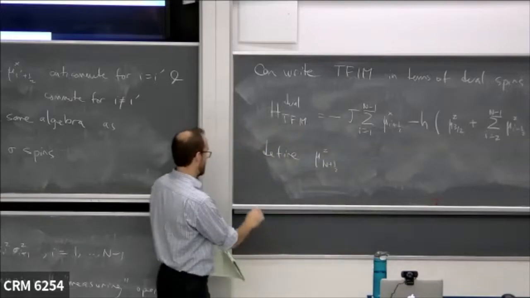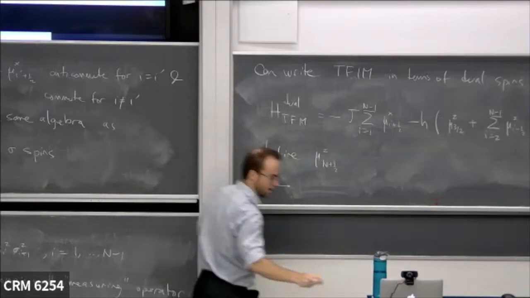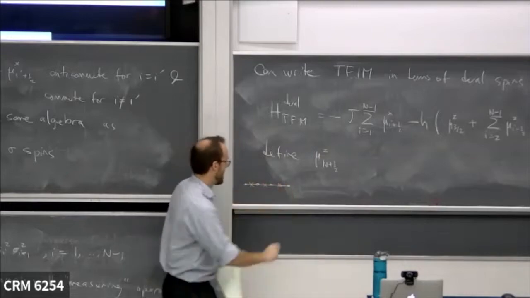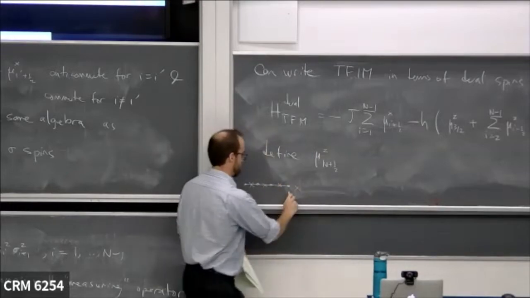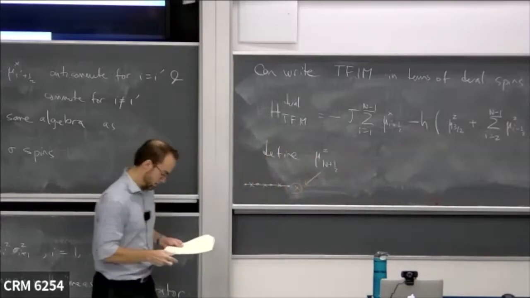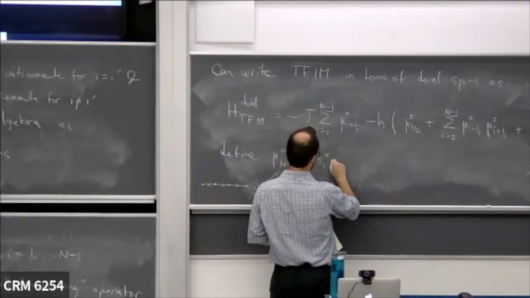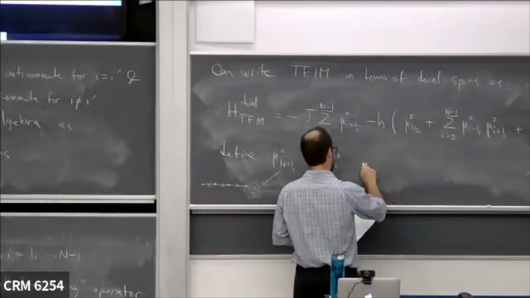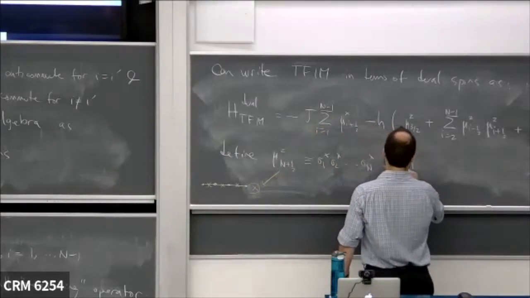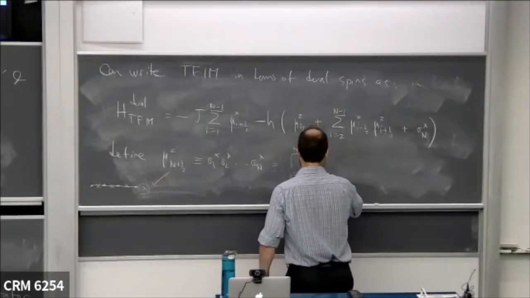Remember that I had my lattice like this, and I had my dual spins here. Well, this amounts to adding an extra, sort of fake, dual lattice site here at the outside of the lattice, and I'll define this as a product of all the sigma x's, the product of all the original x spins.